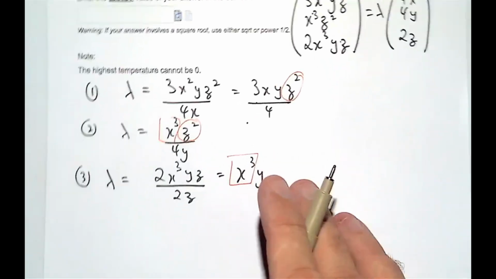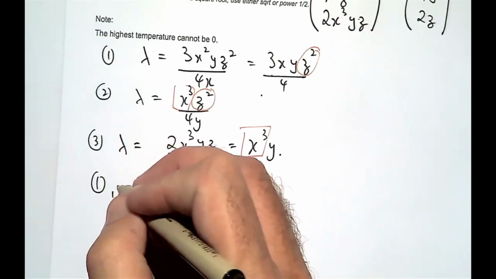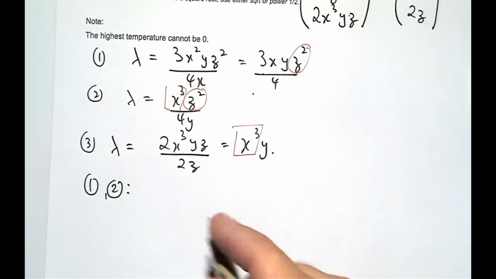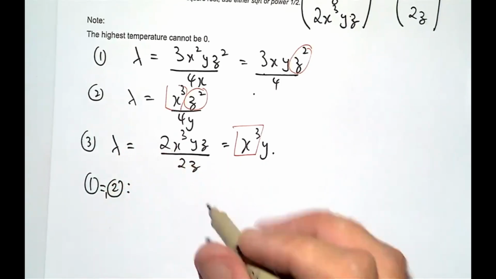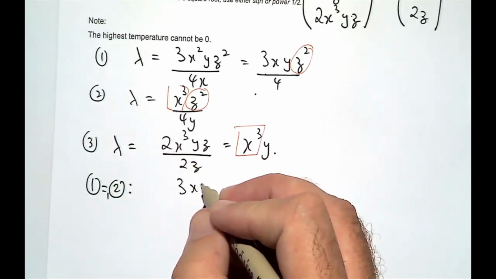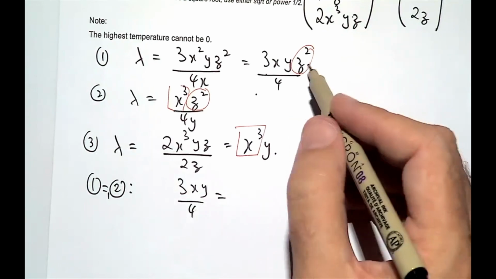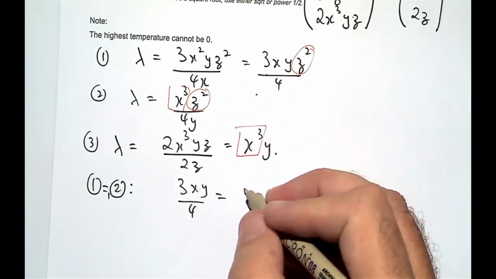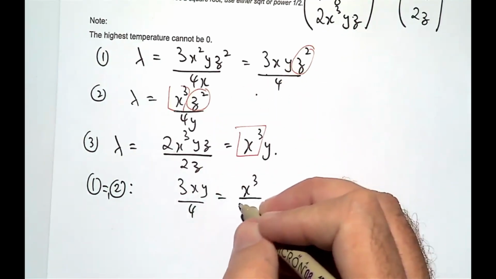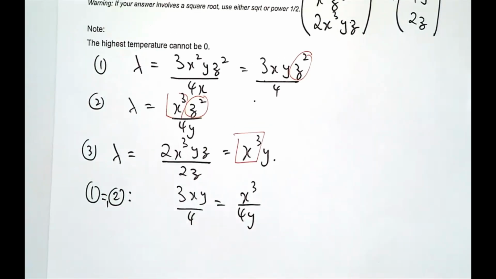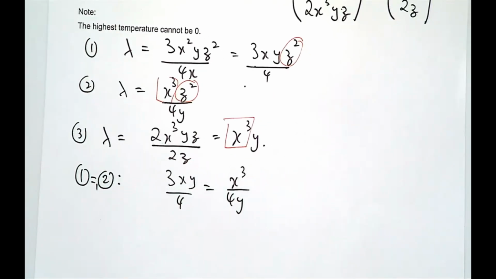So 1 and 2. We set them equal to each other. The z squareds are going to disappear. The 4 is going to disappear and x is going to disappear, right?